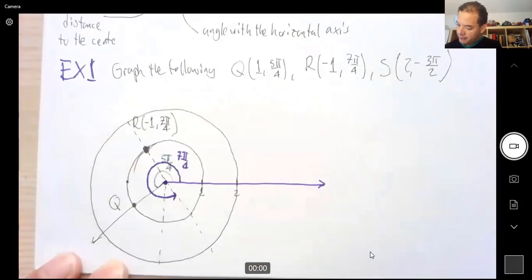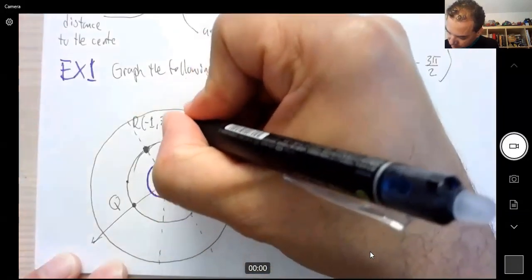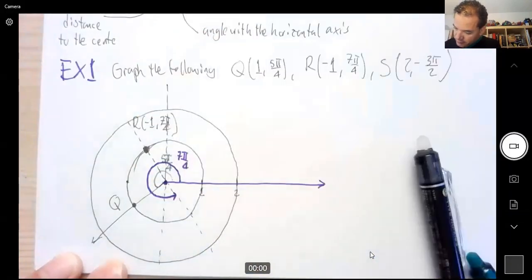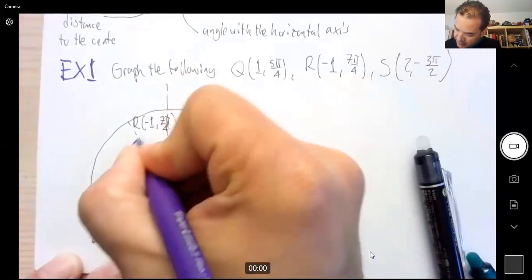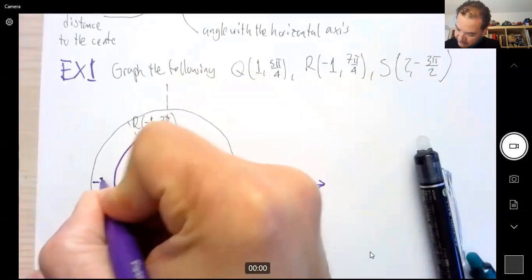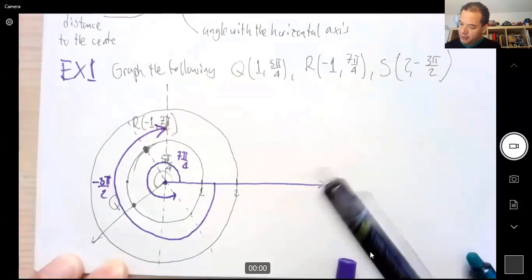So it will be this angle. -3 pi over 2 is this angle. So our point is going to be this one.